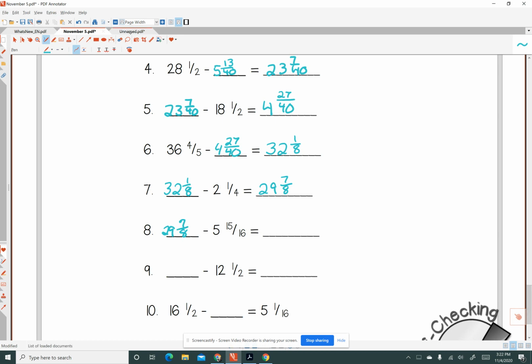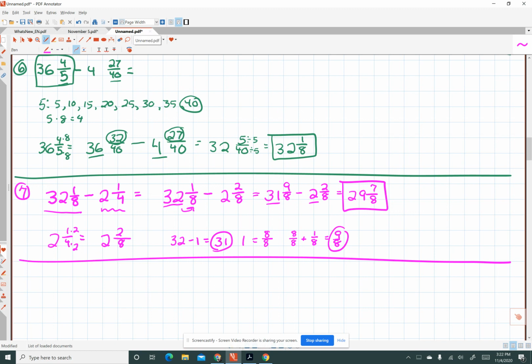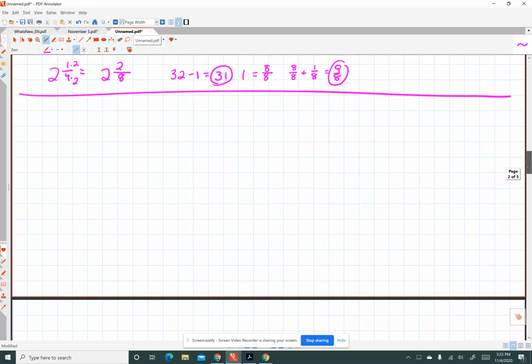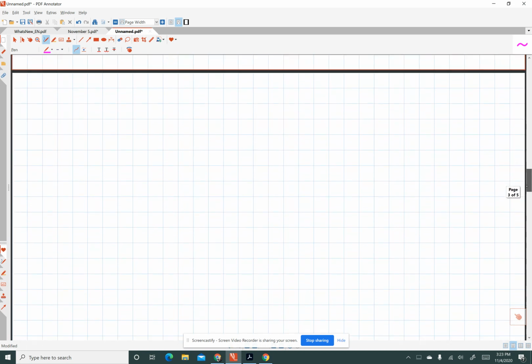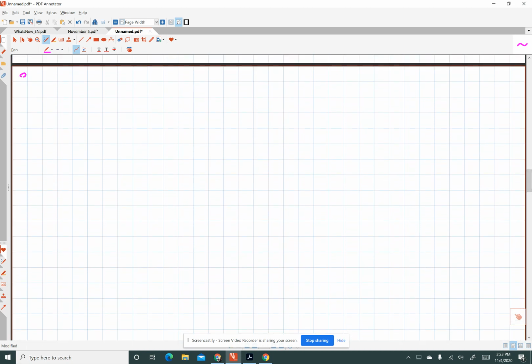Well, let's go on to the next one, number 8. 29 and 7/8 minus 5 and 15/16. And just like a few of them we've had so far today, we have a common denominator in one of the numbers, one of the denominators, which is this 16.